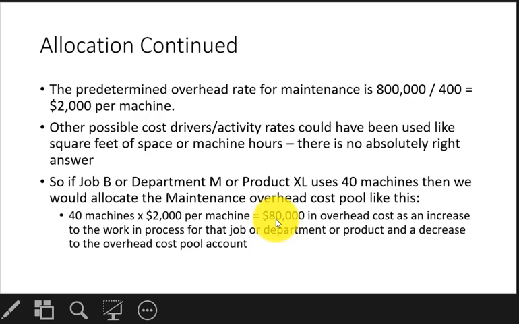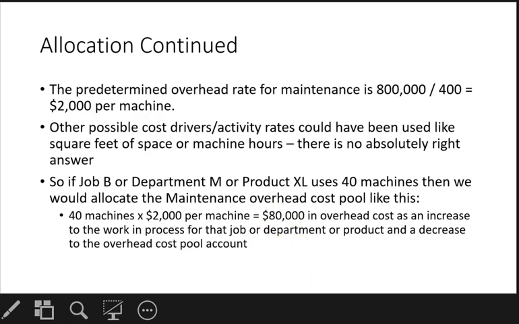That would be a debit or an increase to the work in process for that job, and a credit or a decrease to the overhead cost pool account. So we've taken money out of that overhead account, which is what we learned about last time as well, and applied it to a job or a product or a department.